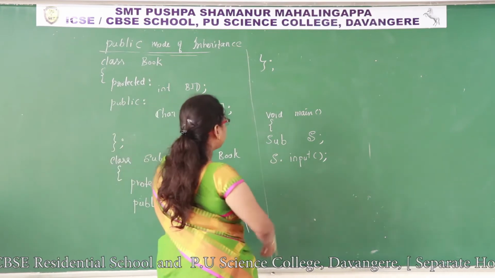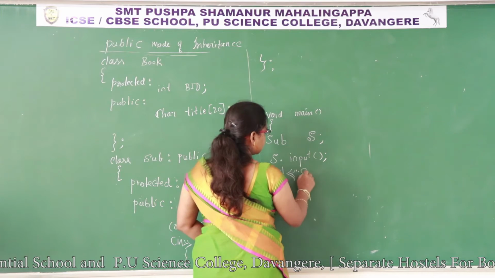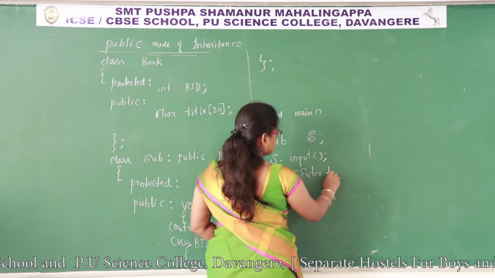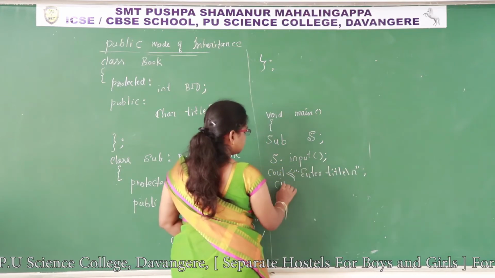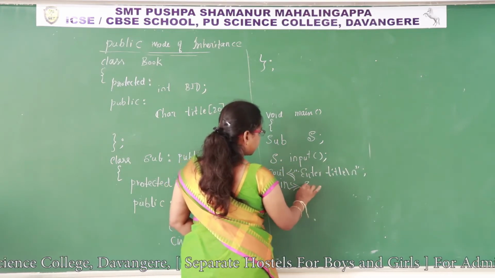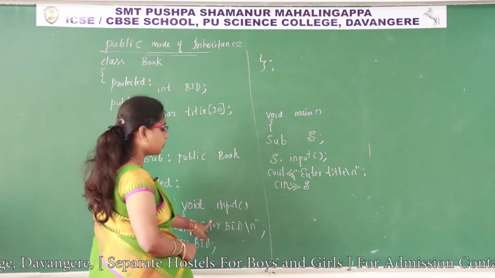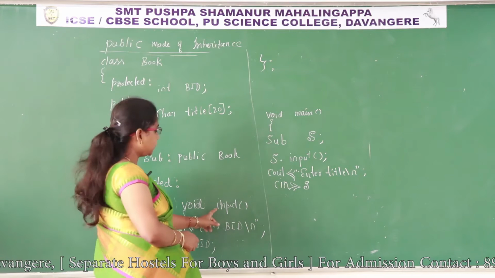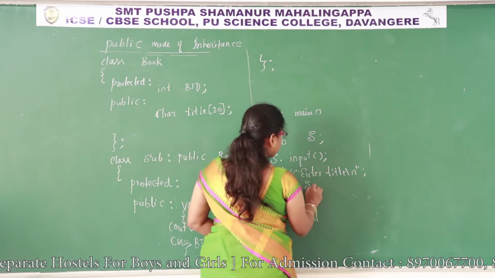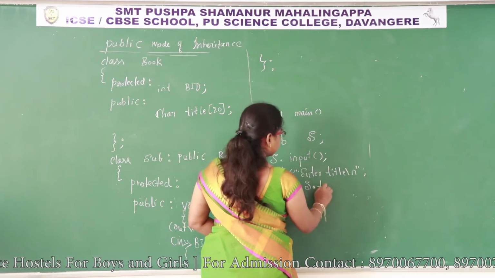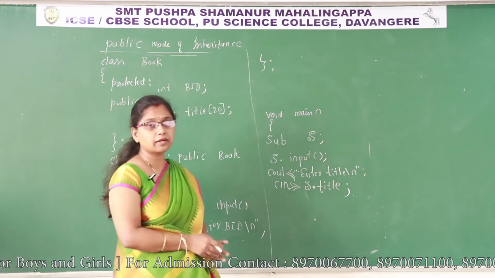I can access title from the main function. cout, enter title. See in extraction, how to access the data member. Now this data member is in the public section of the derived class, so I can access it directly from the main function using the object name and dot operator. Yes dot title. Understood?